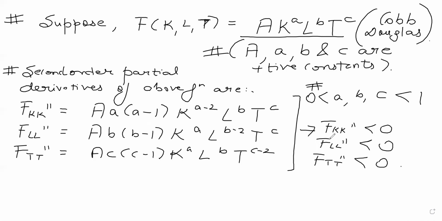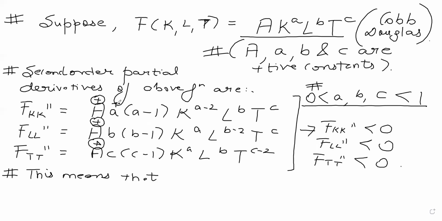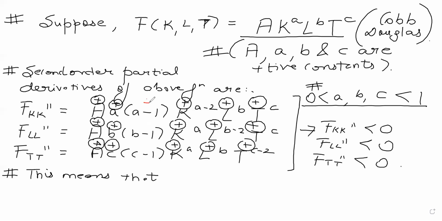What does this mean? This simply means that marginal productivities are increasing but at a diminishing rate. You can clearly see, guys, if A, B, and C lie between 0 and 1, these are all positive, but since A, B, and C lie between 0 and 1, this is negative.